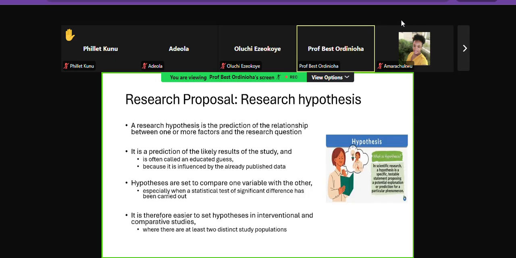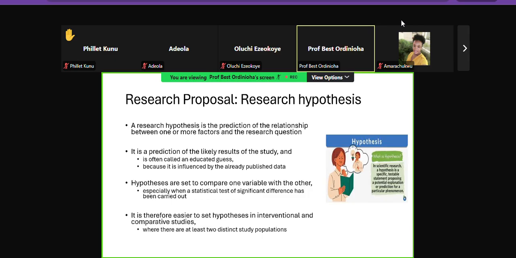But the research hypothesis tries to forecast the results. Remember, when we are carrying out a study, we want to answer certain questions. So the research hypothesis is usually stated to forecast the results.